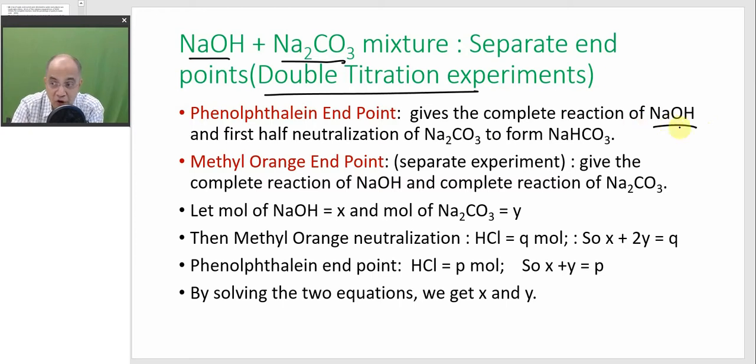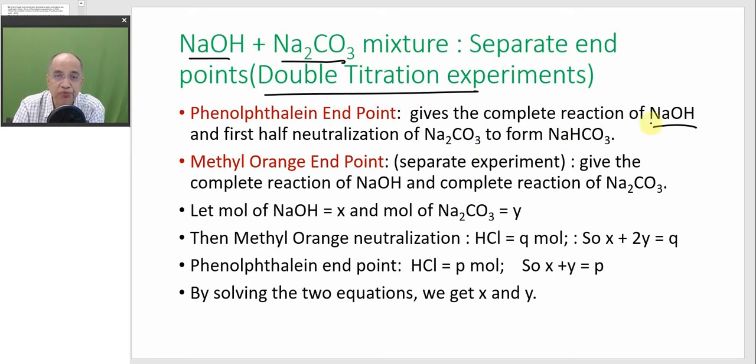So first all the strong base will vanish. Then the turn for the weak base will come. So complete neutralization of NaOH and first half neutralization of sodium carbonate to convert it to sodium bicarbonate.